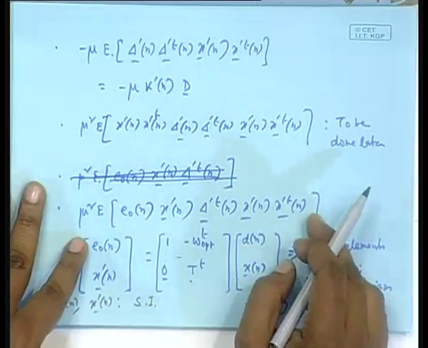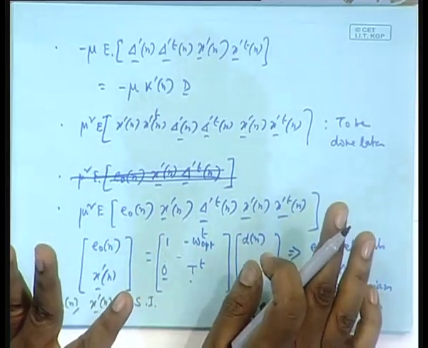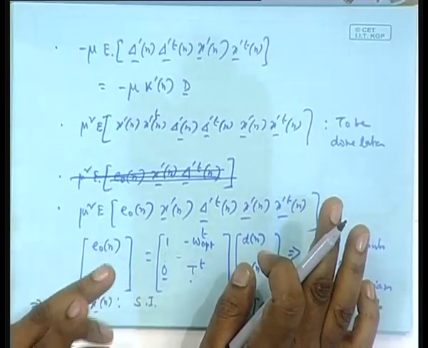So this entire expectation is E over e o n into E over the rest. Now, e o n, what is the mean value of that? 0, because x n is 0 mean, d n is 0 mean. So d n minus w o transpose times x n is 0 mean. Input x n is 0 mean, d n is 0 mean, isn't it? So if you take d n minus w o transpose x n vector and apply E over it, it will be 0. E of d n is 0, E of x n is 0.